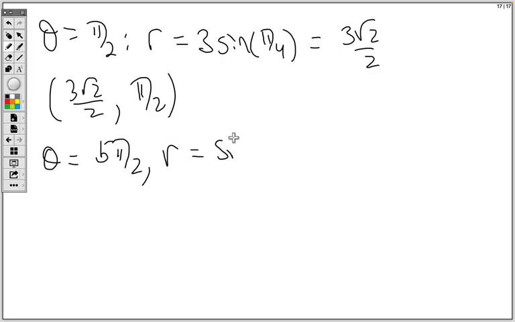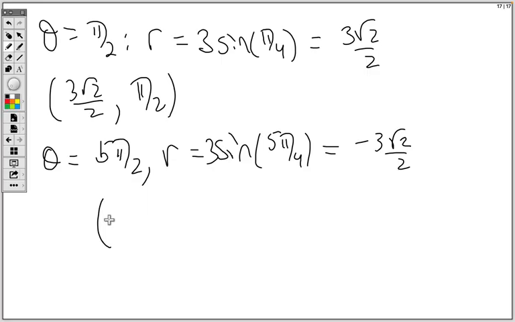Then r would be 3 sine of 5 pi over 4, which would be minus 3 square root of 2 over 2. All right. However, if you think about where we'd have the point negative 3 root 2 over 2, 5 pi over 2, so where would this be?